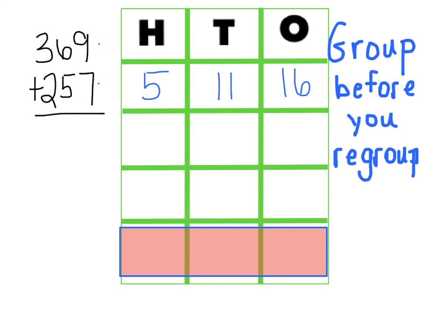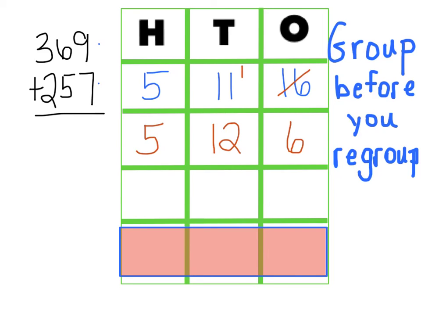Next, what the students can do is say 16 ones are going to give me 6 ones and an extra 10. Adding to that 11 now gives us 12 tens, and still 5 hundreds.